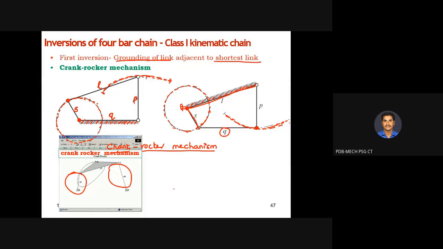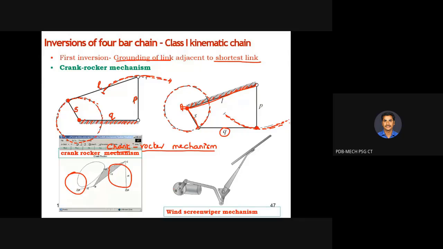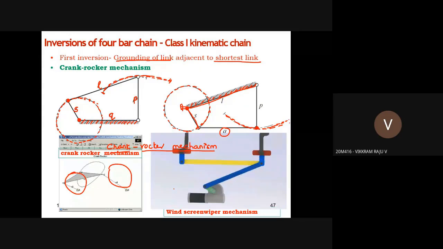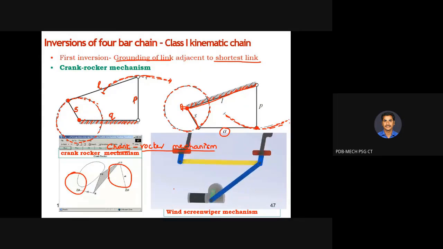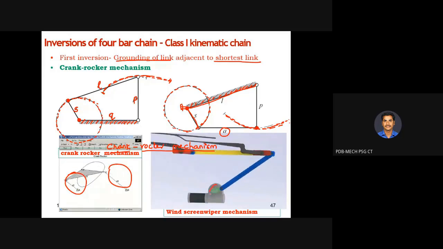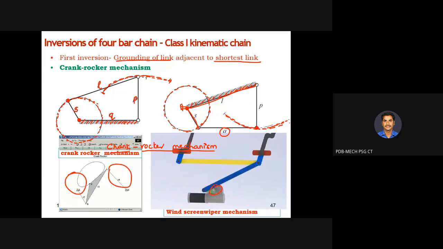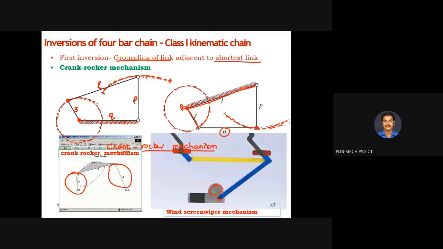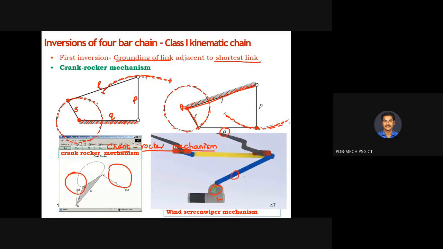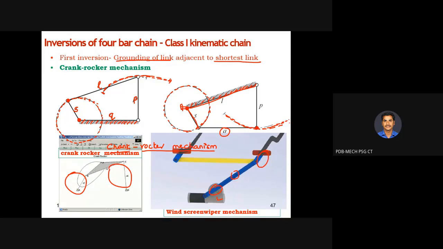Is it clear? So the example is the car windshield wiper system. Here you can see this green color. The green color is your crank, and this is your frame, and this blue color is your coupler, and this is your rocker.